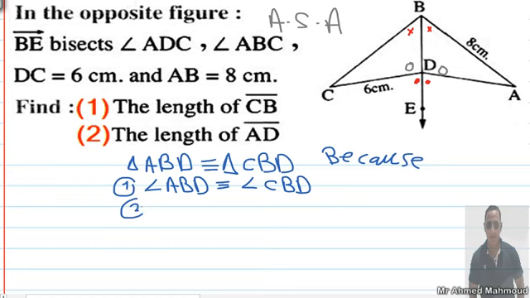Number 2, angle ADB is congruent to angle CDB. Number 3, BD is a common side.